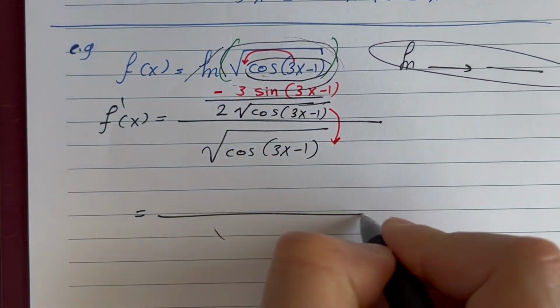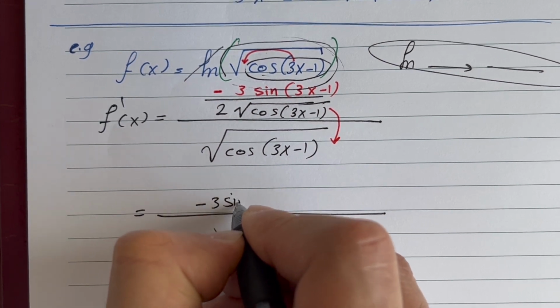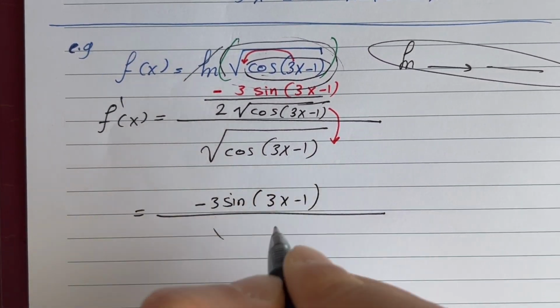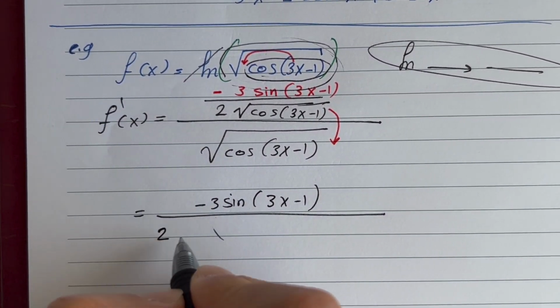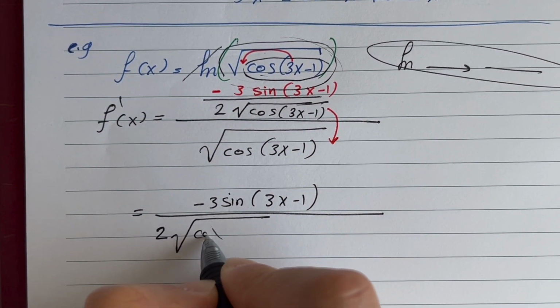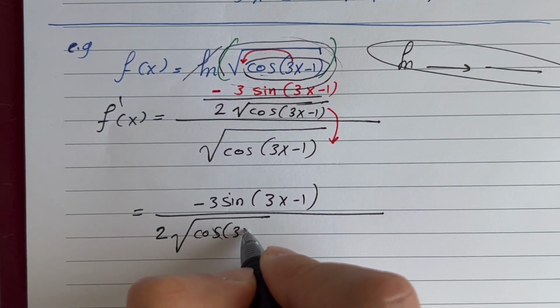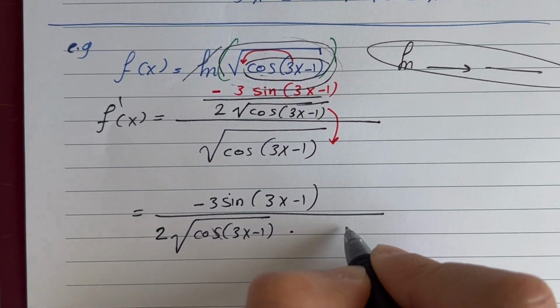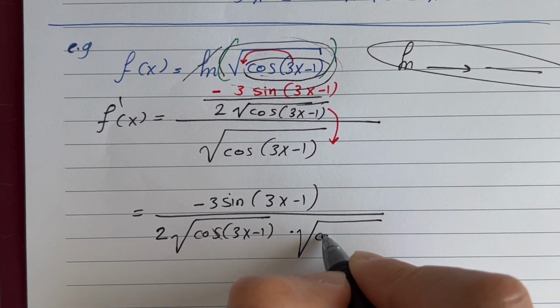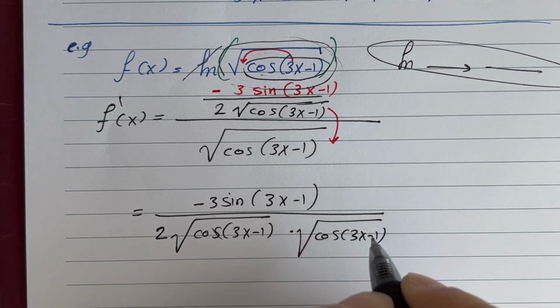So it will be negative 3 sine 3x minus 1 over 2 root cosine 3x minus 1 times square root cosine 3x minus 1.